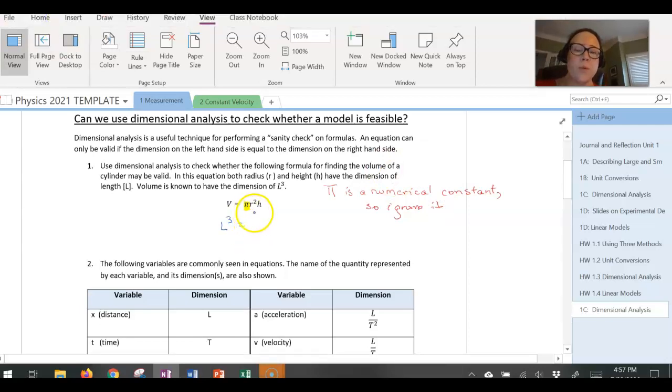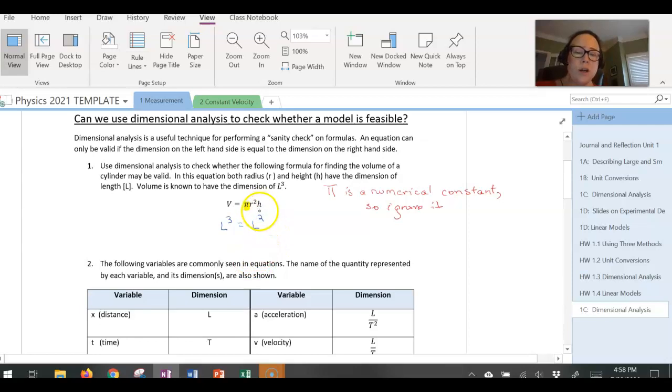My next variable is r squared. It says radius and height both have the dimension of L. So the dimension of r is L, and that variable r is squared in this equation, so I'm going to square it here.